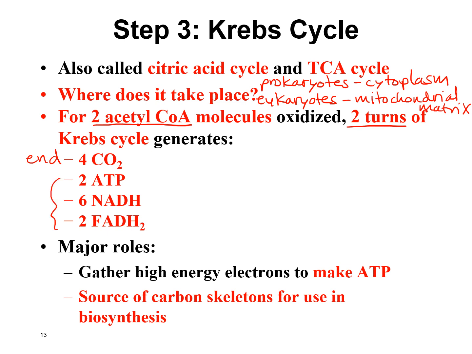And then the energy that we're going to produce would be 2 ATP, 6 NADHs and 2 FADH2s. And the FADH2 is just another electron carrier, just like the NADH. And then both of these will take their electrons to the electron transport chain in our last step, oxidative phosphorylation.